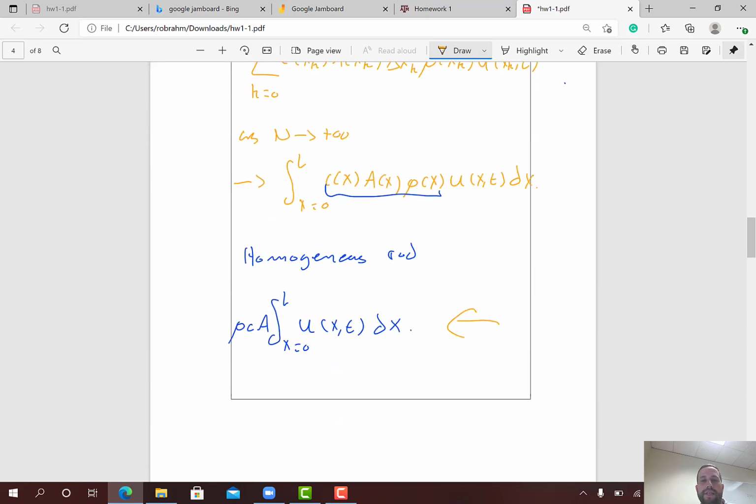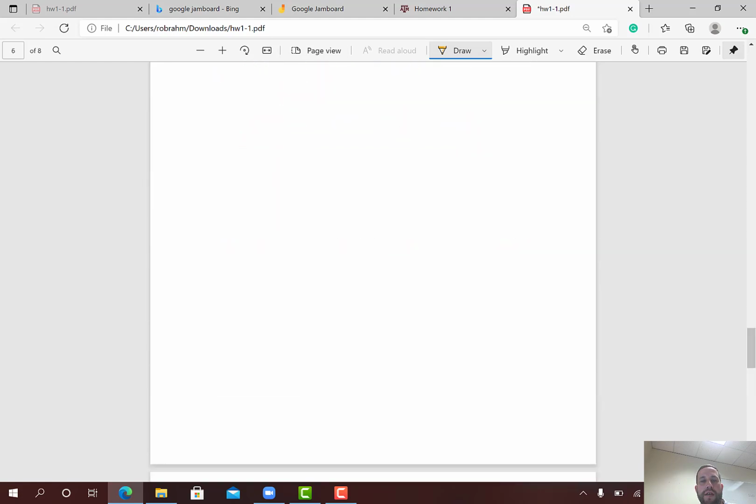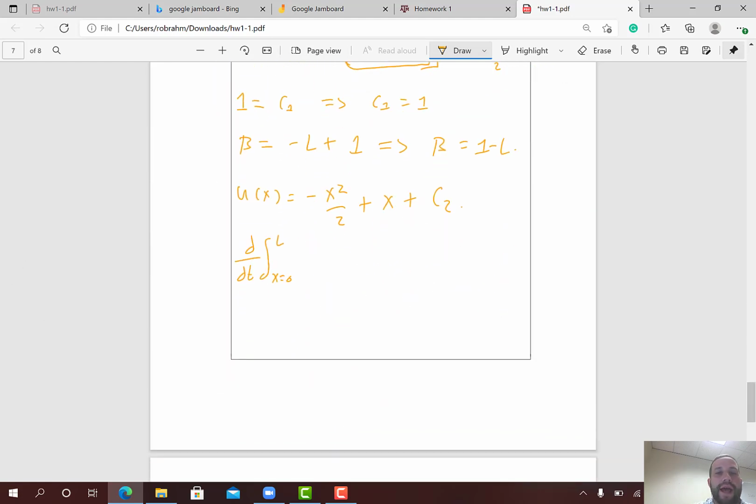This is the total energy in a homogeneous rod. Okay, and so we're going to have C rho A times the integral of u of x,t dx. This integral is the total amount of energy in the rod at time t. And we want to show that the derivative is equal to 0. Because if the derivative of the total energy in the rod is equal to 0, it means the total energy is constant.